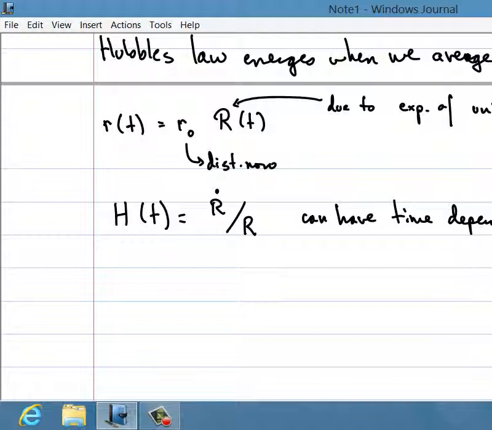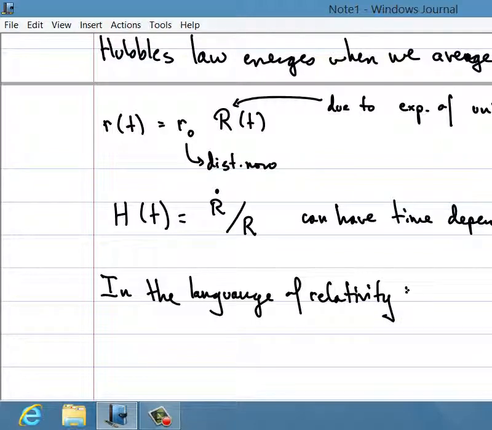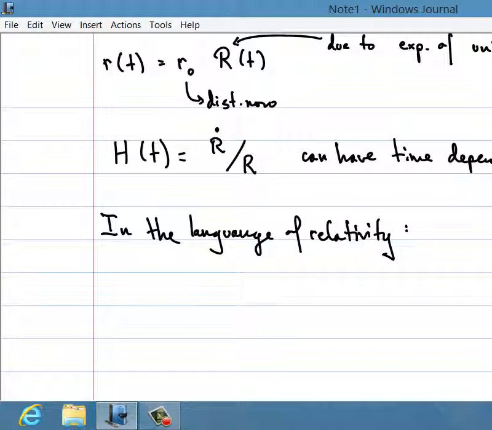So just to place these observations in a bit of context, in the language of relativity, we measure the distance to some object by using the invariant interval delta s squared. And the statement that the universe is expanding is the statement that that invariant interval is itself changing in time.